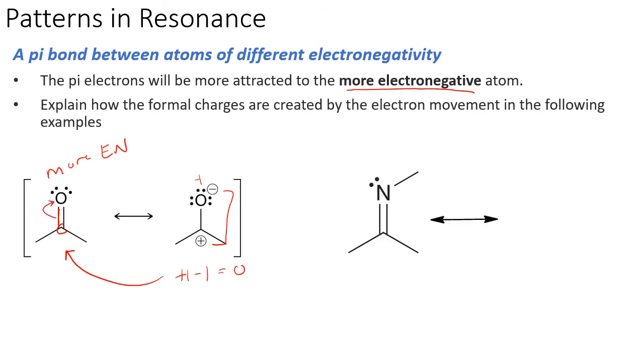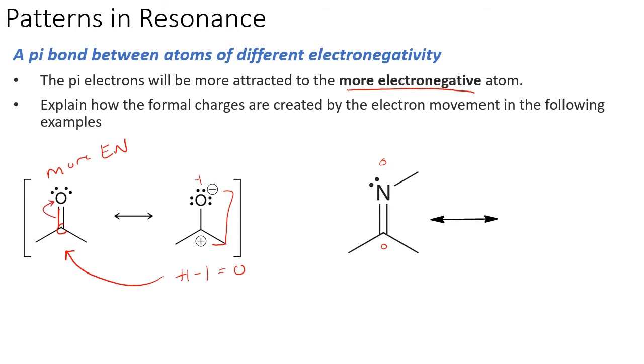Another example: we have a nitrogen with a lone pair of electrons and 3 bonds, so nitrogen has 0 formal charge. We have carbon, which has 4 bonds, 2 single and 1 double, so 0 formal charge here. We could split them and separate their charges by moving the pi electrons between carbon and nitrogen.